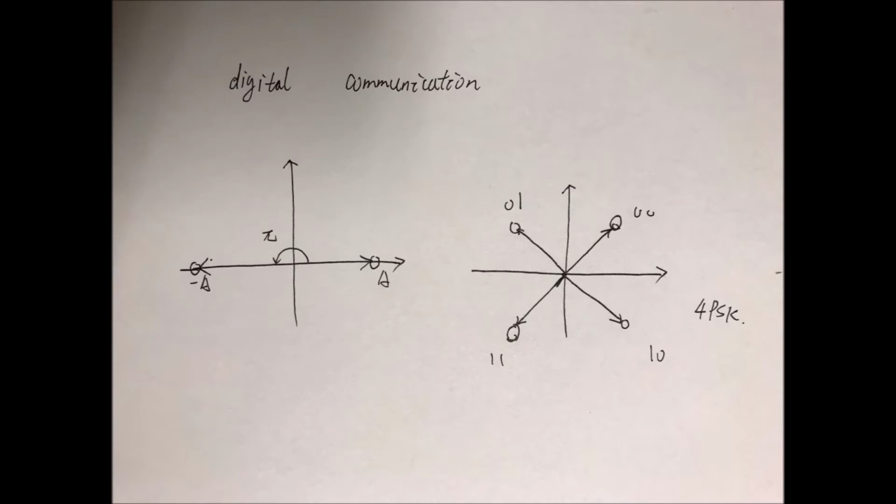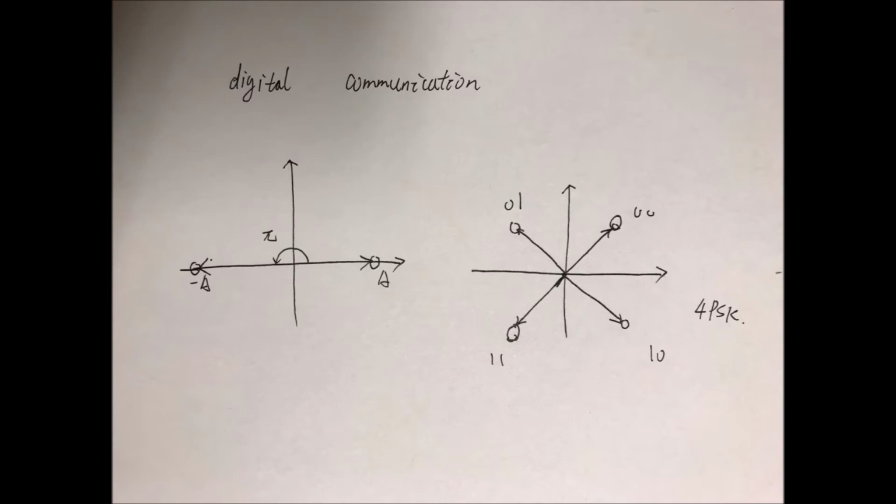If you have more phasors, each star in the constellation will carry 2 bits. For example, here we have 00, 01, 11, 10. So this is 4 PSK.